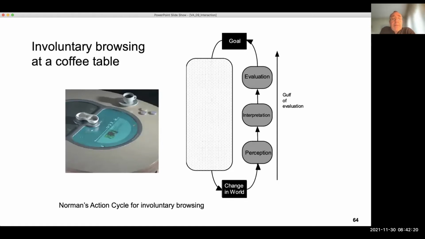Or if you remember the nice old-fashioned coffee shop presented by Bob Spence, you have a display with advice, and this is involuntary browsing. You are not doing anything. The images appear, and sometimes you are involved in it. It is very common at the moment, something that disturbed me, and I think also you.